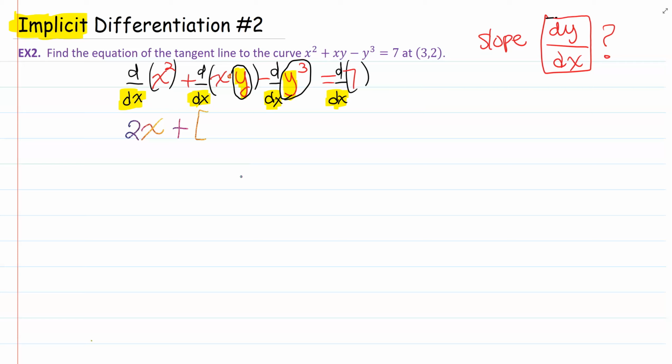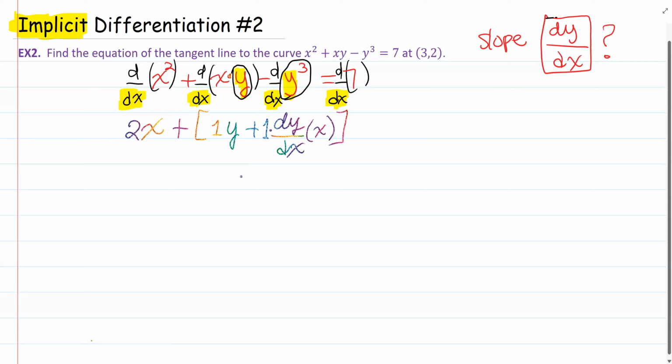The product rule says the derivative of the first, which is 1, multiplied by the second, which is y, plus the derivative of the second, which is the derivative of y, and the derivative of y is dy/dx. Not just 1, but 1 multiplied by the inside derivative, which is dy/dx, multiplied by the first function, which is x. Okay, and that is what we call implicit differentiation.